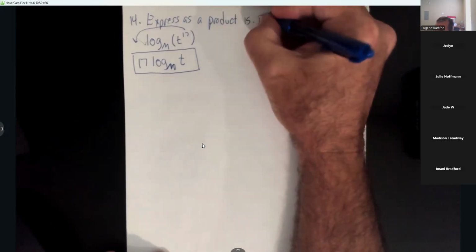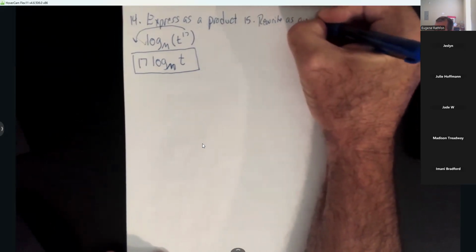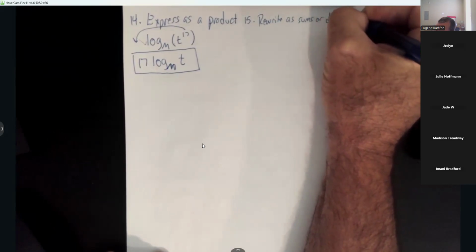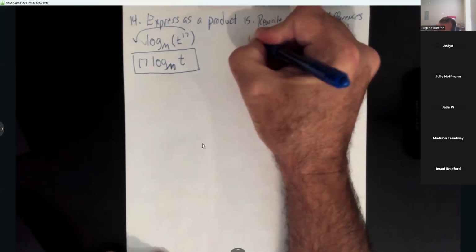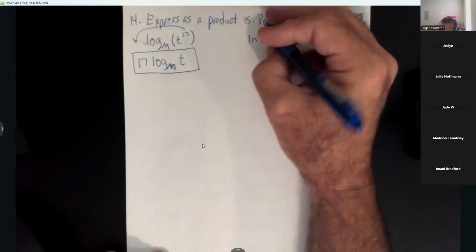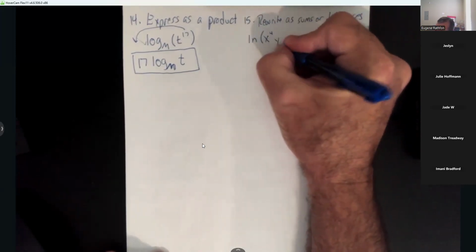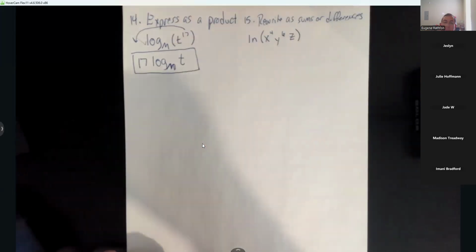All right, 15 says rewrite as sums or differences. Sums or differences, so they're giving me ln of x to the fourth, y to the sixth times z.